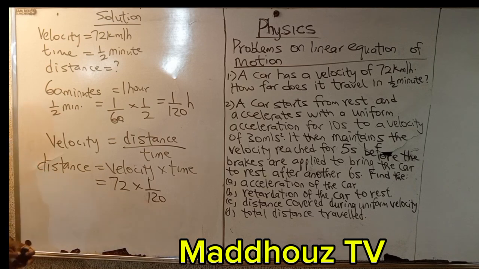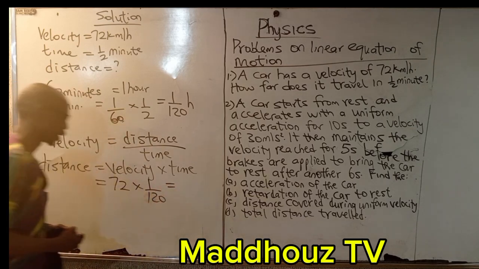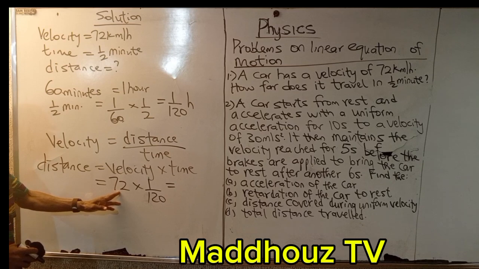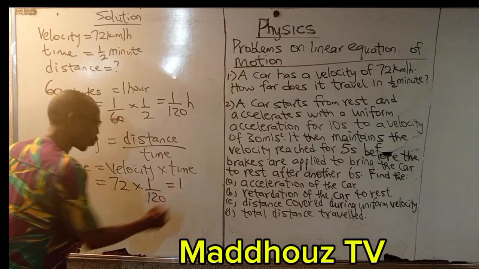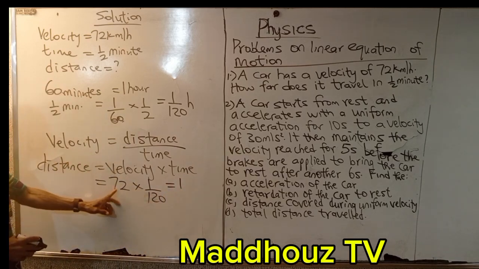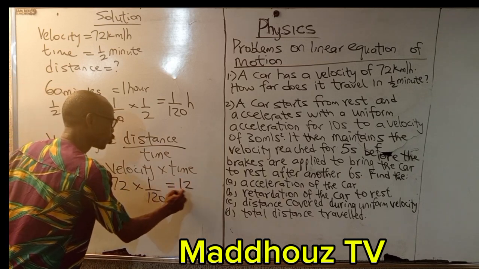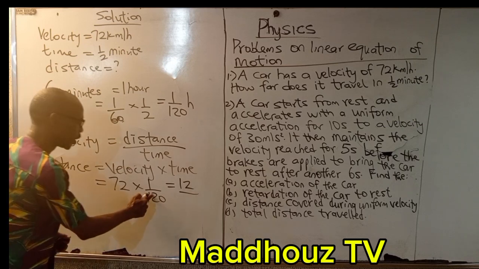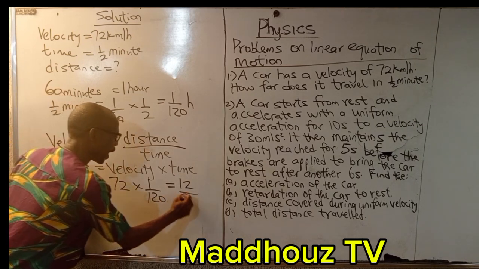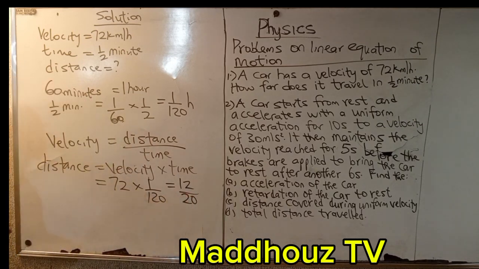Let's divide. What can divide here? 6 can divide. Let's divide by 6. 6 into 7, we have 1, remaining 1. Carry the 1 to 2 becomes 12, and 6 into 12 will give us 2. And 6 divided into 120 gives us 20.